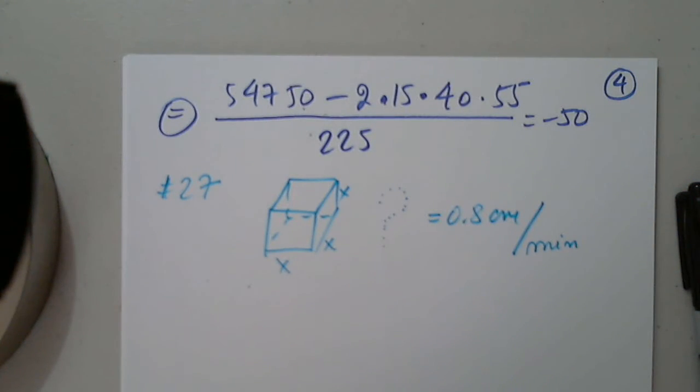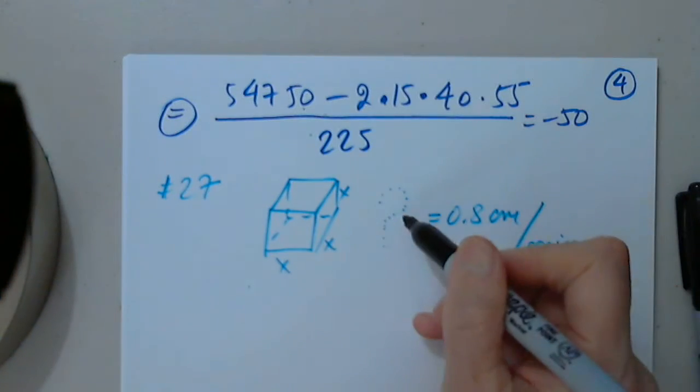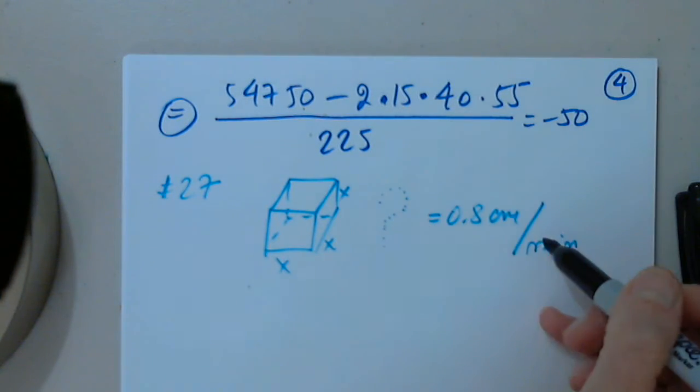So, what can this be? Its side is melting at a rate of 0.8 centimeters per minute. So what do I write here? What is given to us?